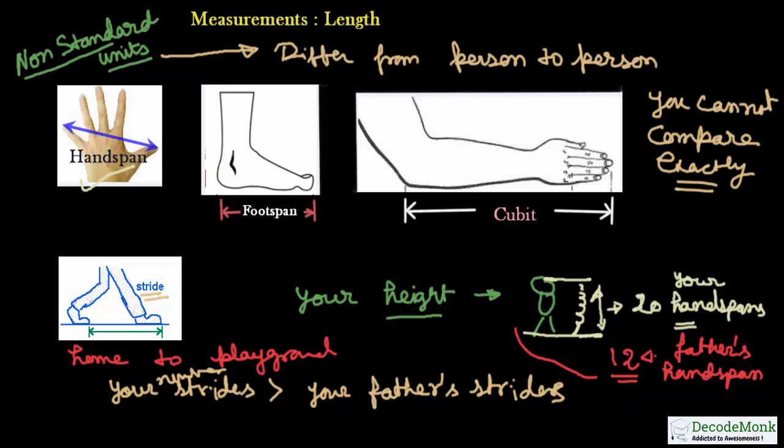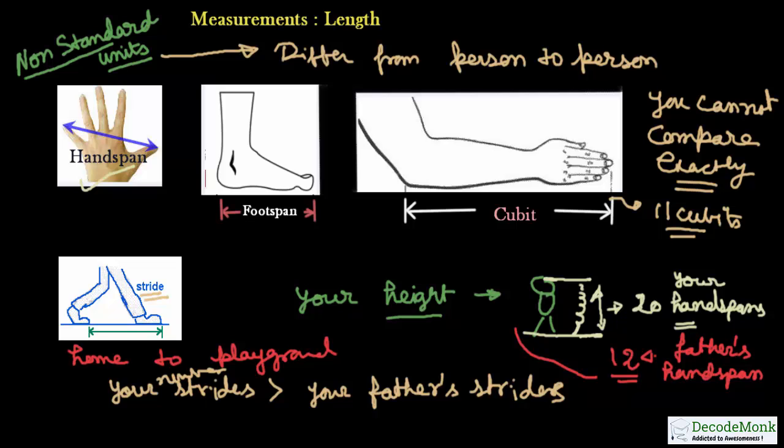Suppose you measure your height with your cubit. This one arm length is called 1 cubit. If you measure with your cubit, you find that your height is, say, 11 cubits. Suppose you reside in Kolkata and you tell your friend in Mumbai that your height is 11 cubits.